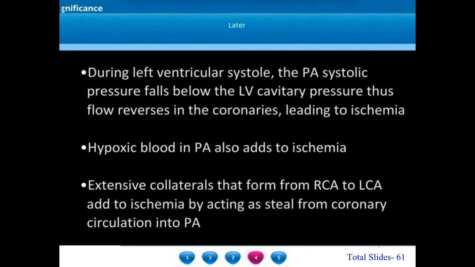Extensive collaterals that form as a response to myocardial ischemia sometimes may add to this ischemia. If all these collaterals are on the epicardial surface of the heart, the collaterals from the RCA to LCA may cause a steal of the coronary circulation into the pulmonary artery.